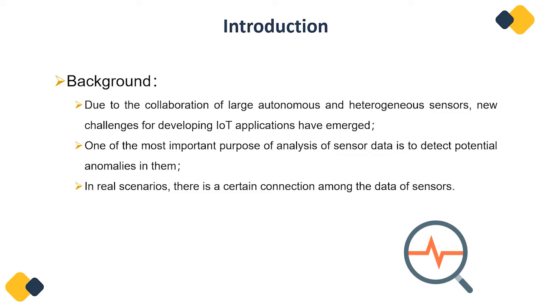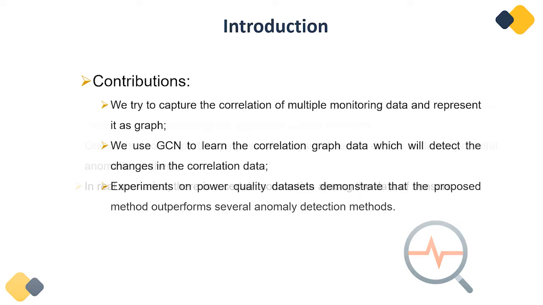So, a correlation-based sensor data anomaly detection method is proposed to address the above issues, and the main contributions of our work are listed on the screen. Firstly, we try to capture the correlation of multiple monitoring data and represent it as graph data, which will benefit anomaly detection in the power grid system.